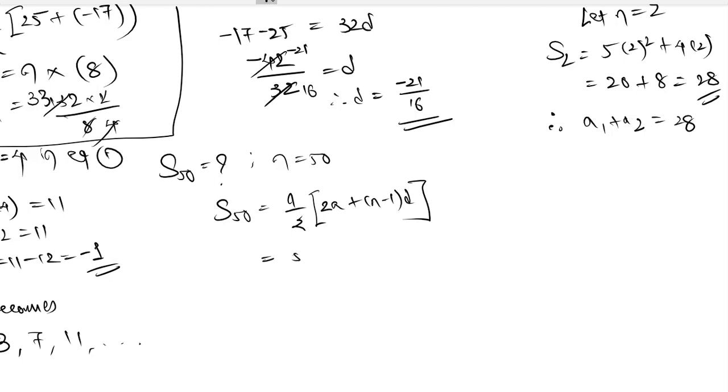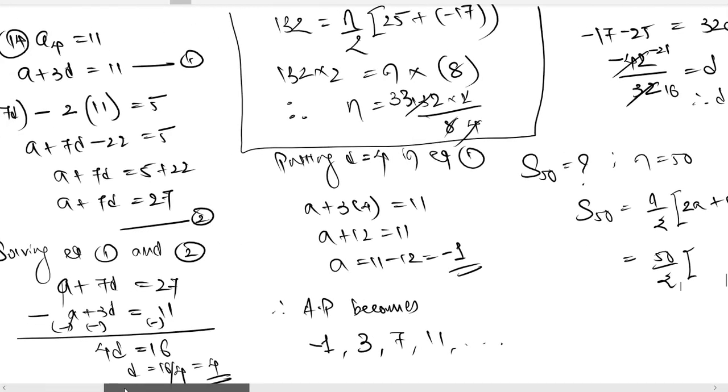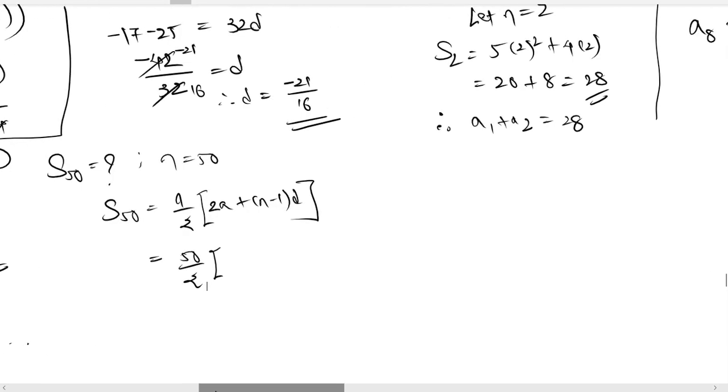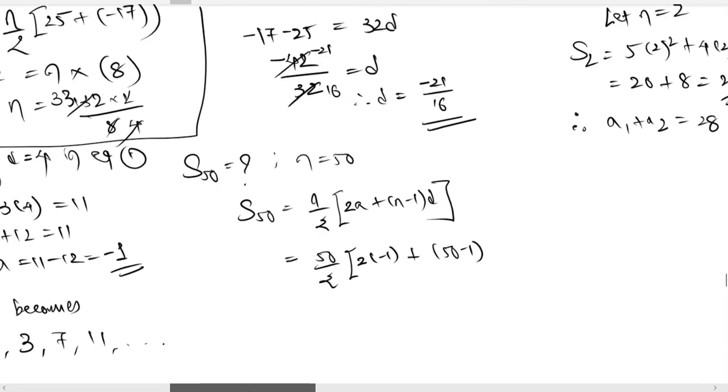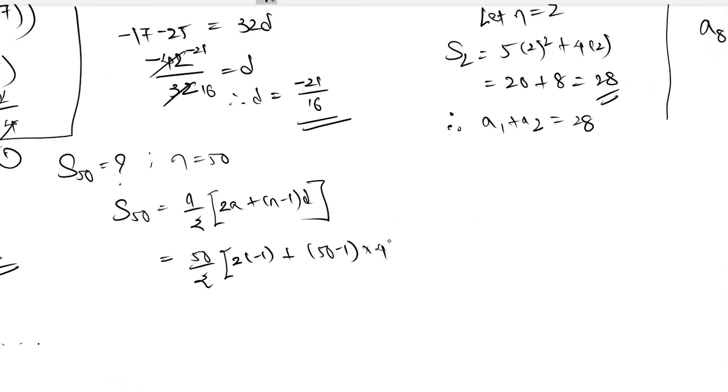So 50 by 2 bracket 2a. A is minus 1, right? So 2 into minus 1 plus 50 minus 1 into d. We just found d. D was how much? D was 4, into 4.